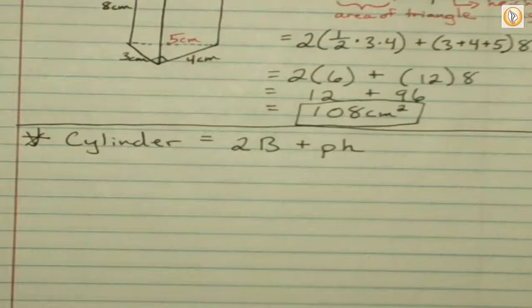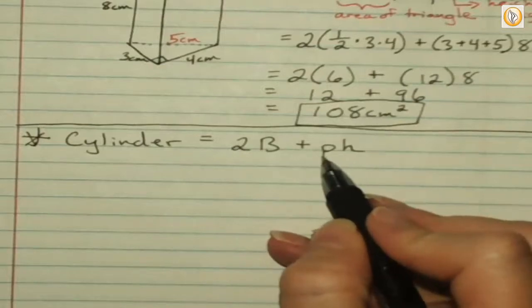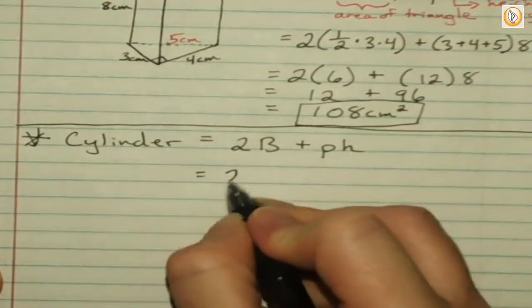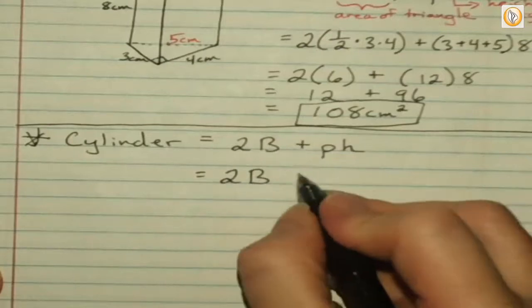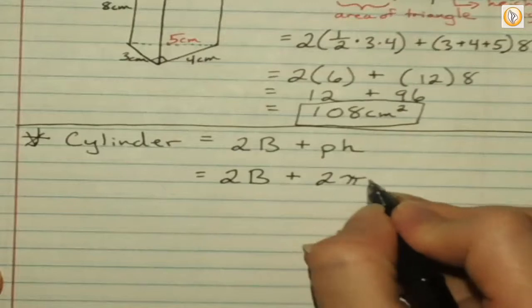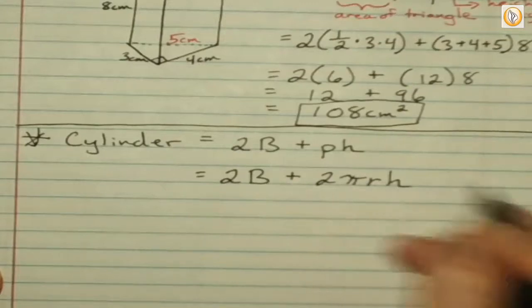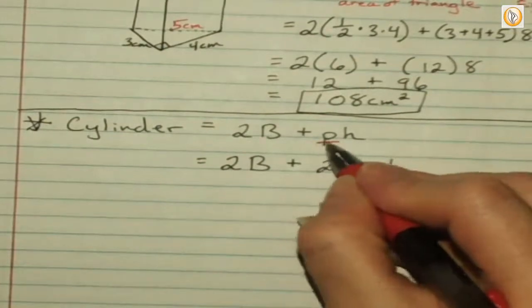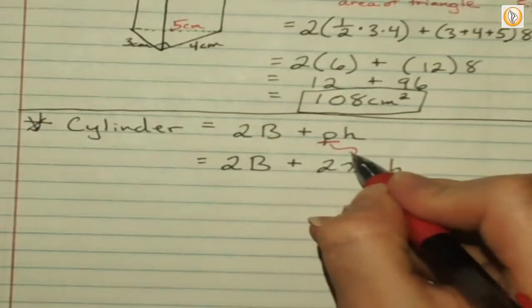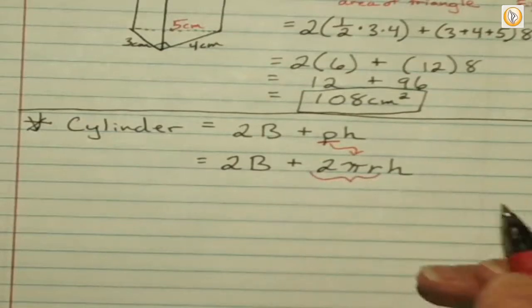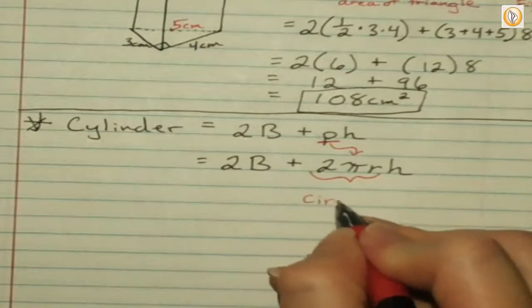However, do we use perimeter in circles? No. Therefore, it's really 2B plus 2 pi RH, because this part right here is circumference.